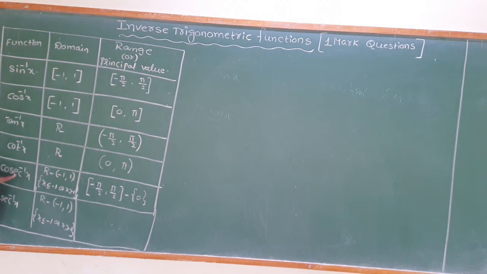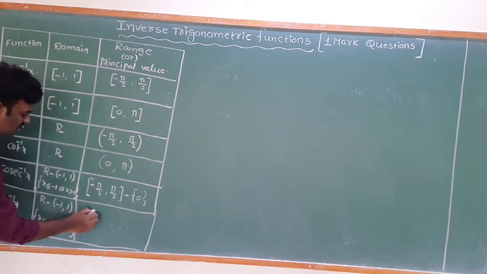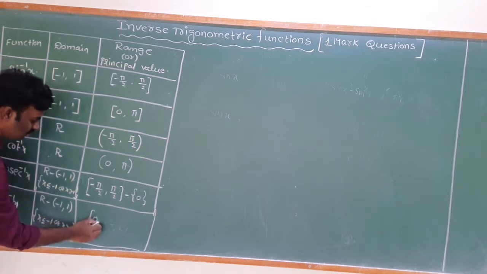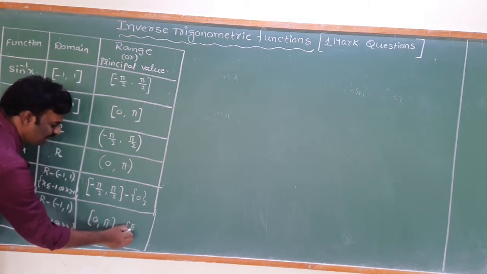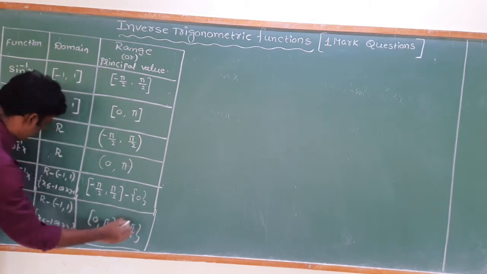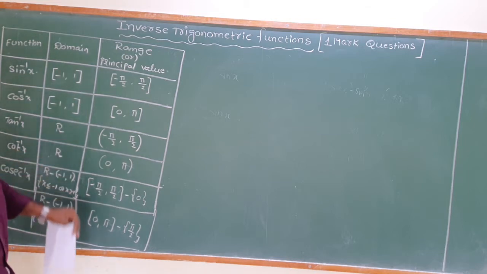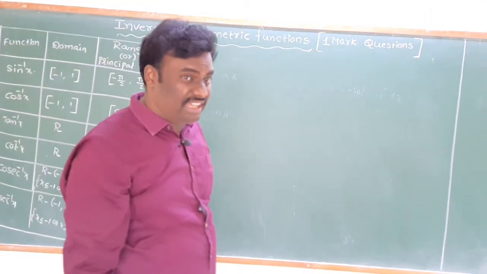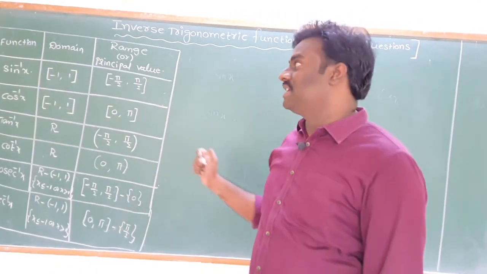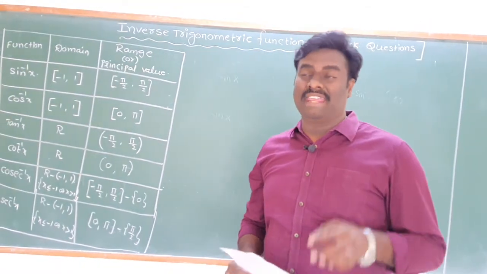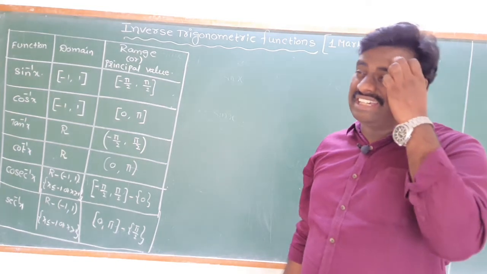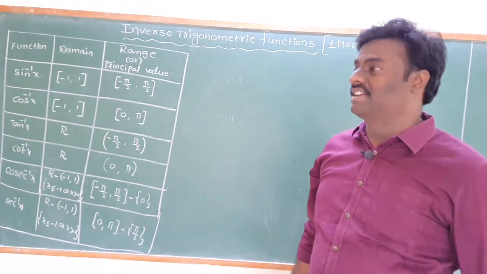So cosecant inverse x and secant inverse x both have the same domain, but the range is closed bracket 0 to pi, except pi by 2, because secant pi by 2 value is infinity. That is why I am not considering that value. So these are the domain and range of the 6 inverse trigonometric functions.